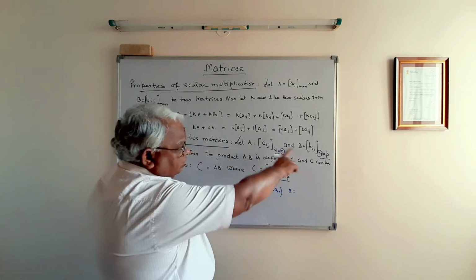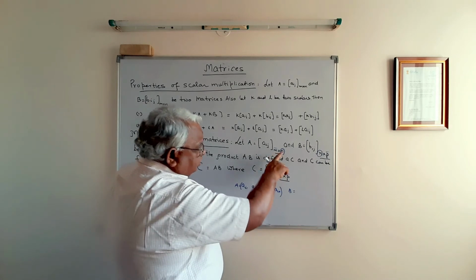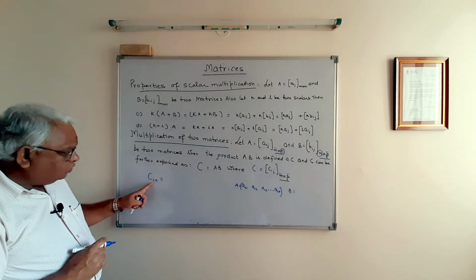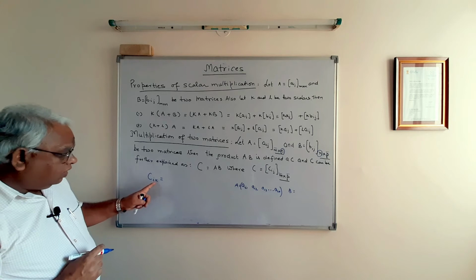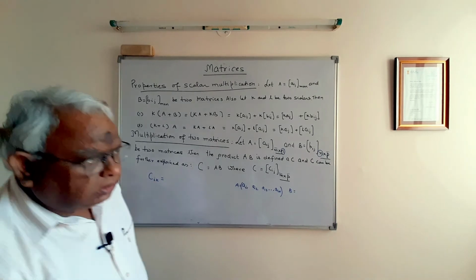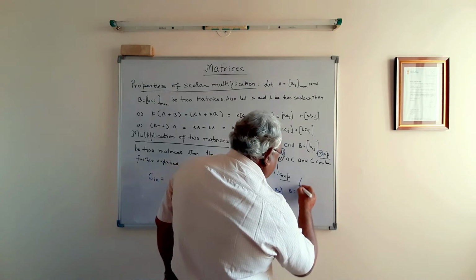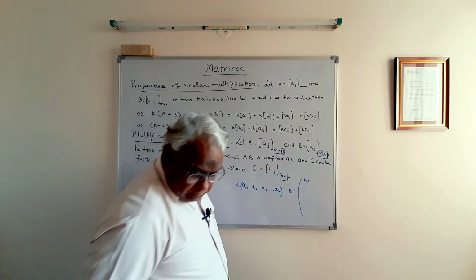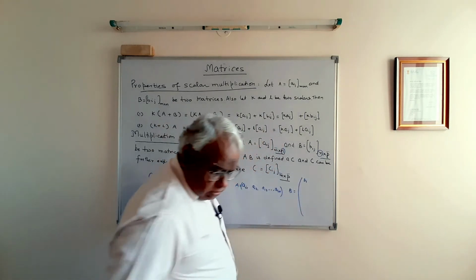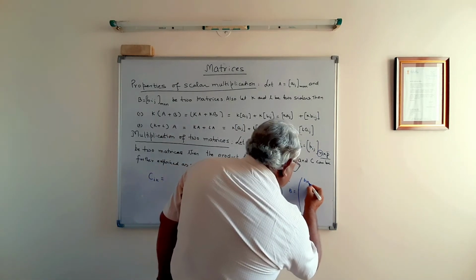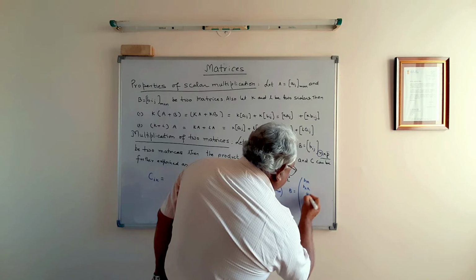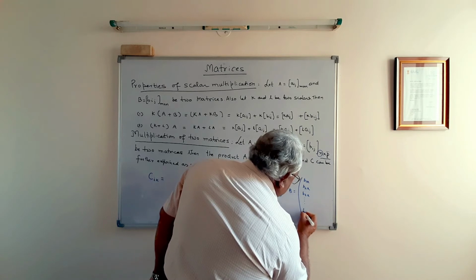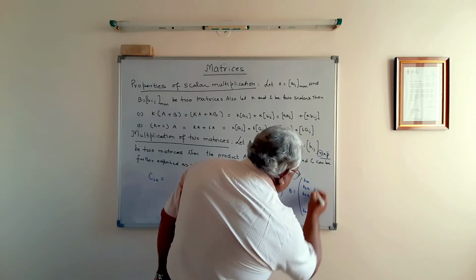Similarly, here the ith row is taken from the first matrix and the kth column is taken from the second, so B will look like this: B1k, B2k, B3k, and so on, up to Bnk.